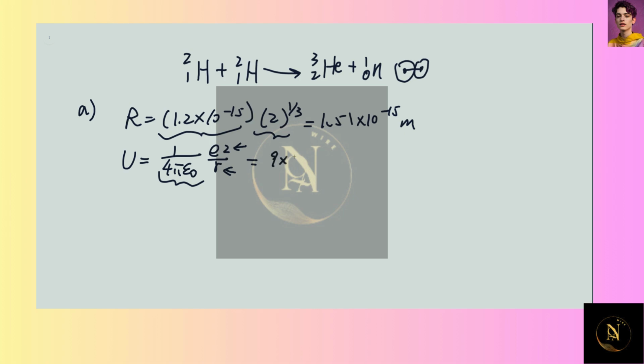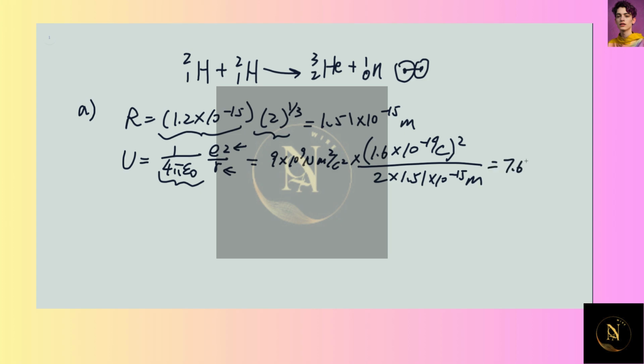So this is 9 times 10 to the 9 newton meter squared per coulomb squared, times the electron charge 1.6 times 10 to the negative 19 coulomb squared, over 2 times the radius, 1.51 times 10 to the negative 15 meter. This gives us an energy of 7.65 times 10 to the negative 14 joule. In terms of eV, it's 0.48 MeV. That is for part A.